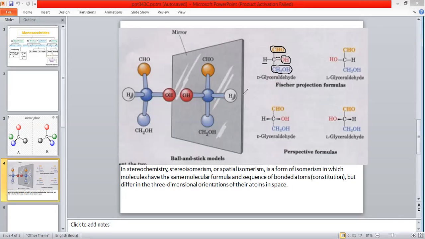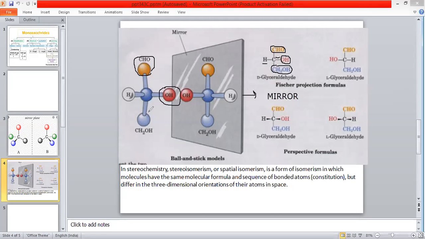And if you look at the glyceraldehyde properly, this is the mirror, and I'm just explaining this time the Fisher projection formula. In this mirror, this is the ball model of the glyceraldehyde. And in this model, you see that this is an aldehyde group, and this is an OH group.